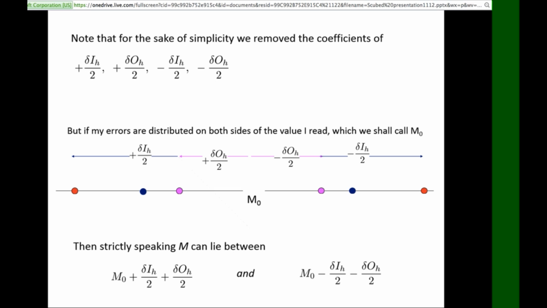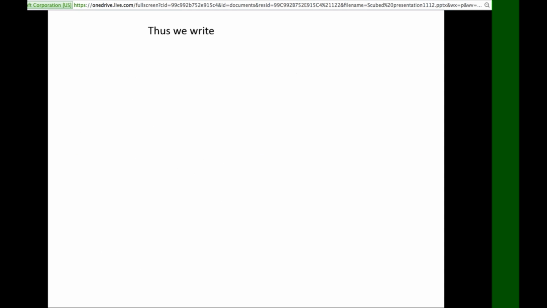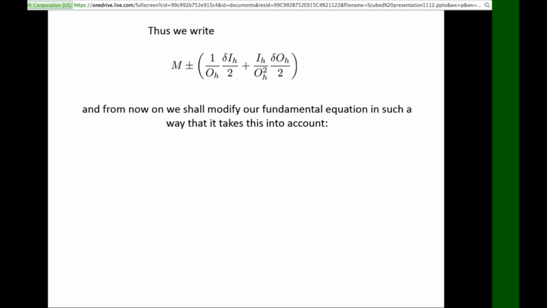And note that for the sake of simplicity, we remove the coefficients of plus delta IH on 2 and the rest, but now, of course, we have to put them back in. Thus, we write m plus or minus, all that, the terms enclosed in round brackets.